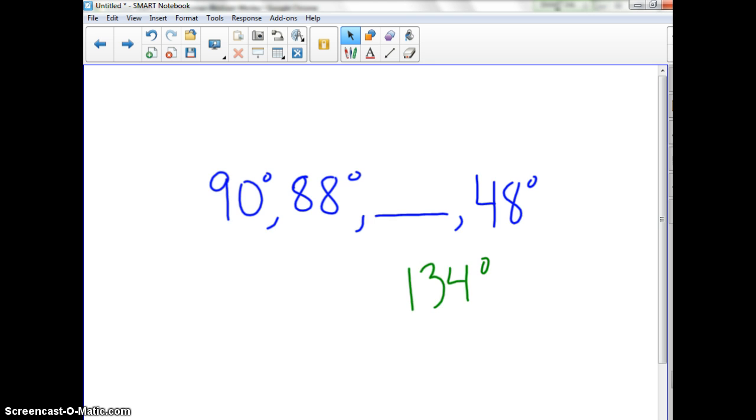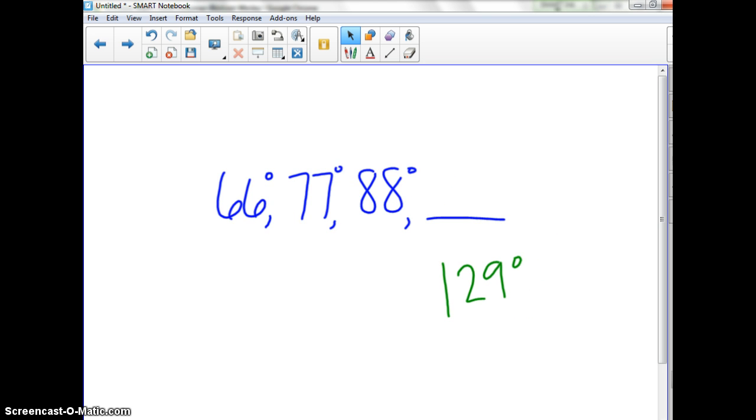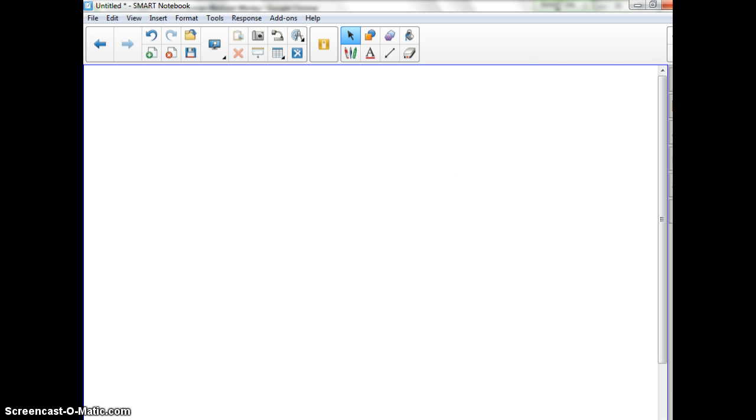For this one, you may not use a calculator. What is the missing angle here?